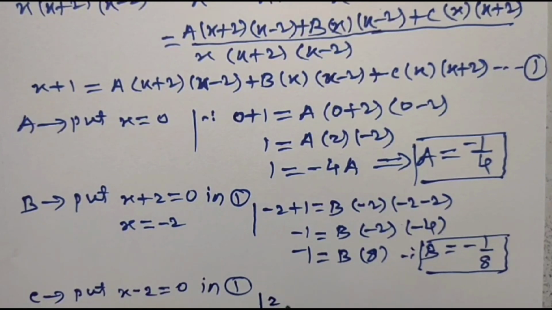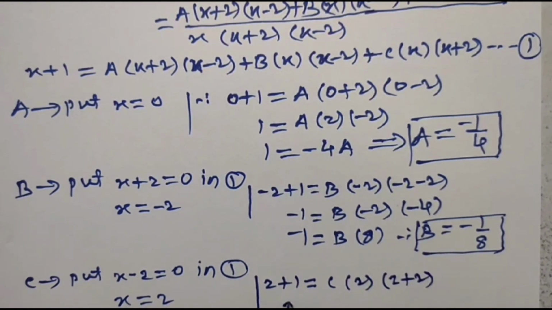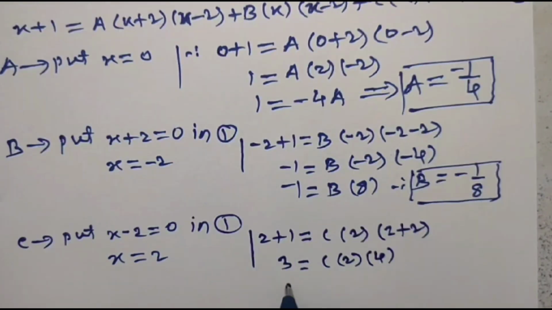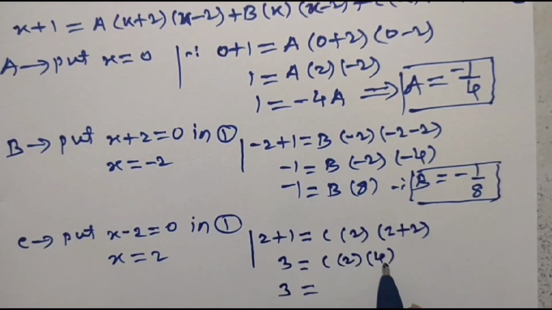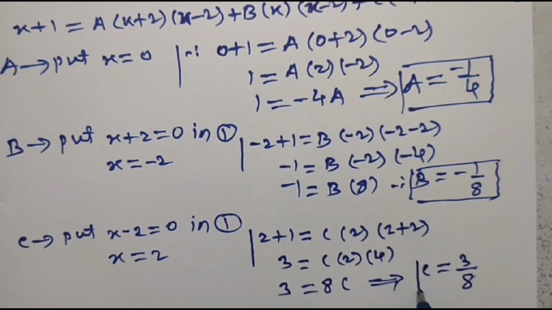Hence 2 plus 1 is equal to c into 2 into 2 plus 2. 2 plus 1 is 3 is equal to c into 2 into 4. So 3 is equal to 2 into 4 is 8, 8c. This gives c is equal to 3 upon 8. This is the value of arbitrary constant c.